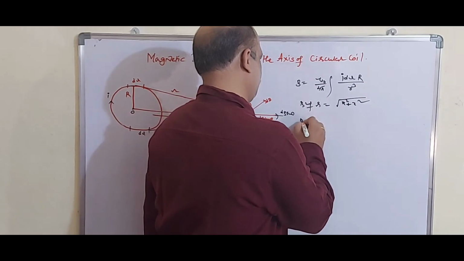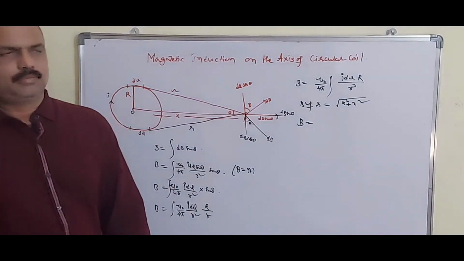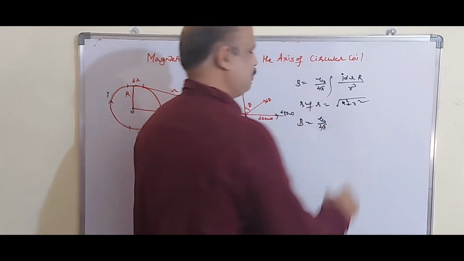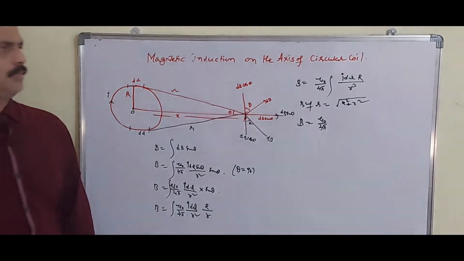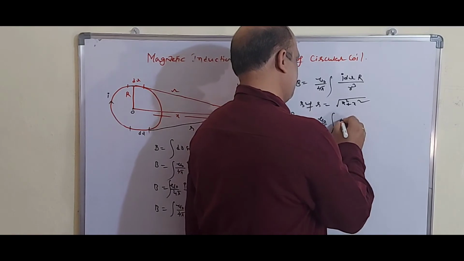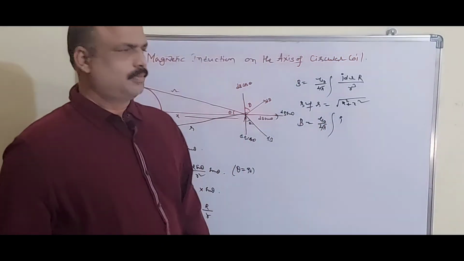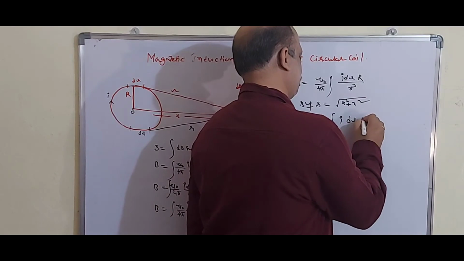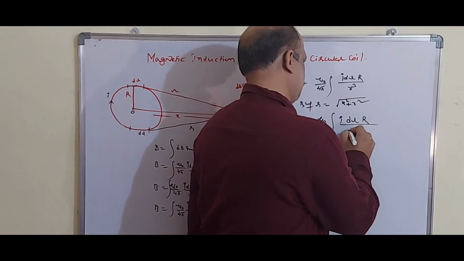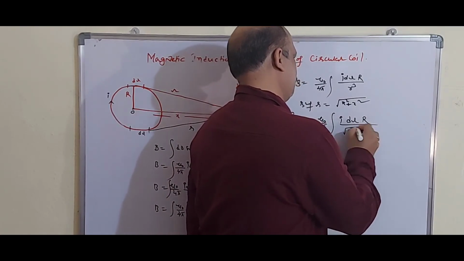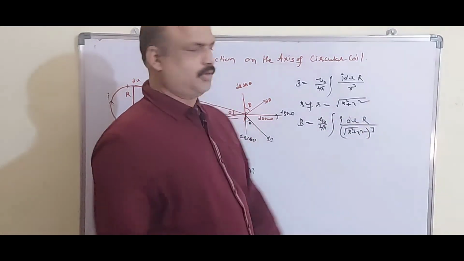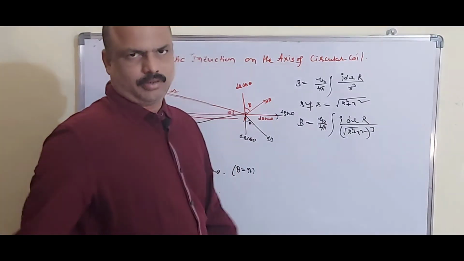So B is equal to mu naught by 4 pi I dl R divided by (R square plus x square) whole power 3 by 2. Here current is constant and radius is constant, so keep these terms outside the integral.